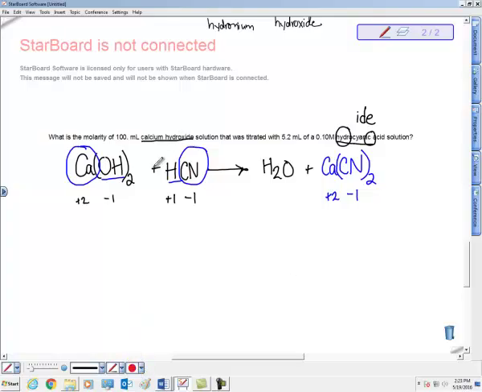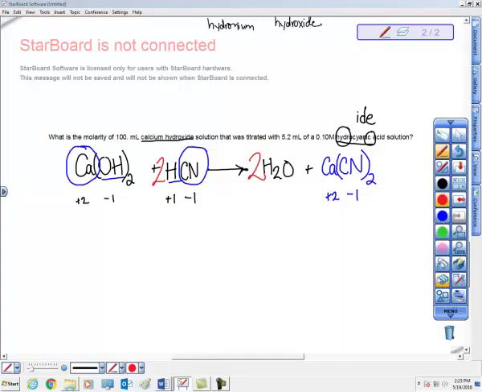All right, you have to balance the entire reaction before we start that titration problem. And because I like to do this so much, and because I keep ranting that all of you should do it, let's list the information provided in the problem underneath each. What do we know about calcium hydroxide? Well, we know that we've got 100 milliliters of it.